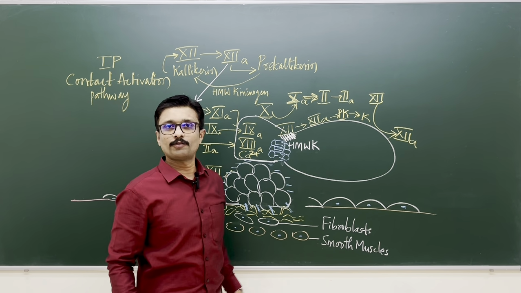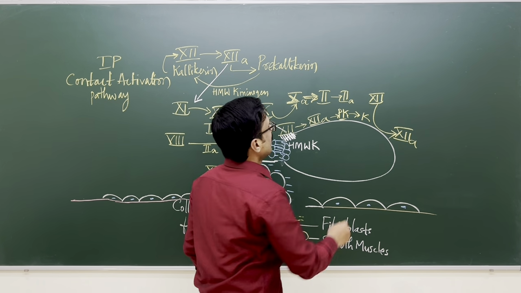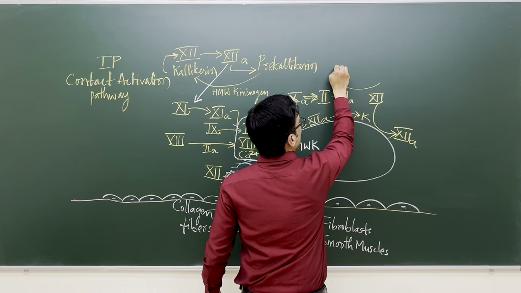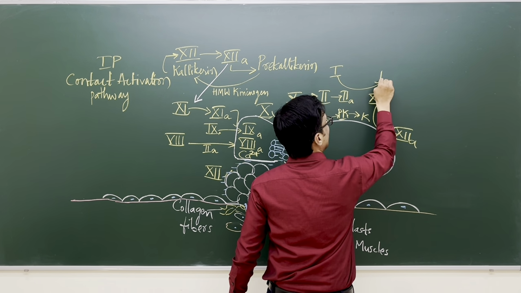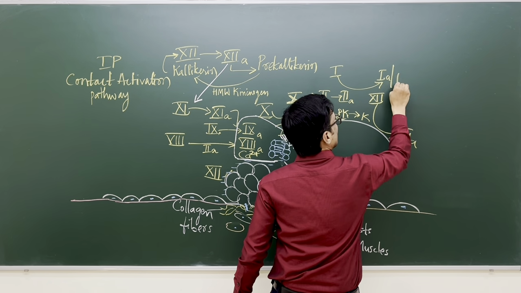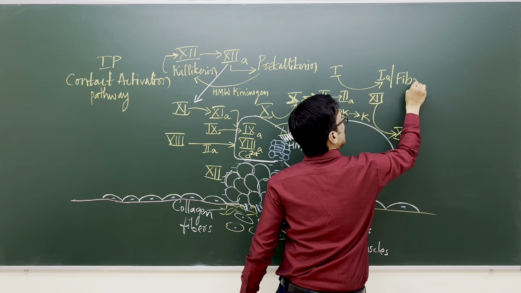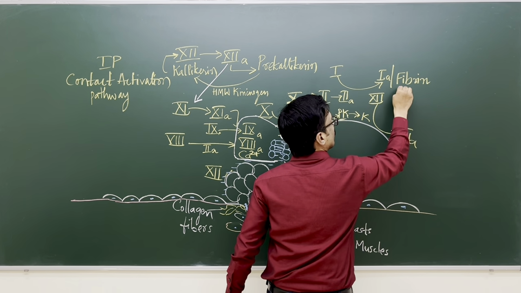Once thrombin is formed, thrombin will act on the factor 1, fibrinogen, to break down into fibrin monomer.